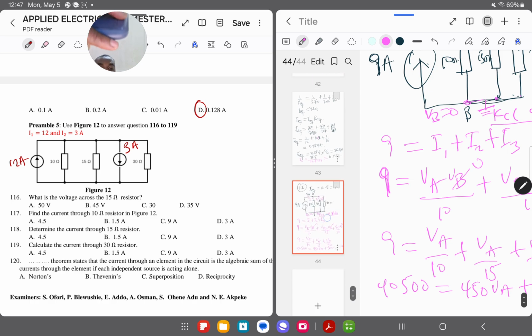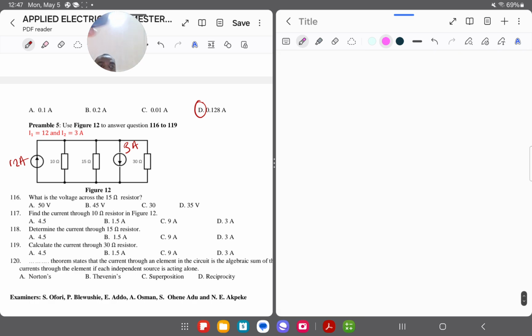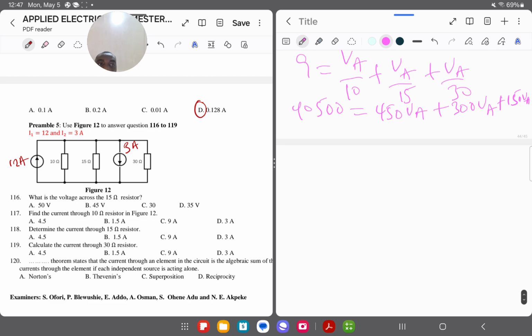Now we've gotten this. So the sum of this, meaning I have 450 plus 300 plus 150, will be 900 VA.